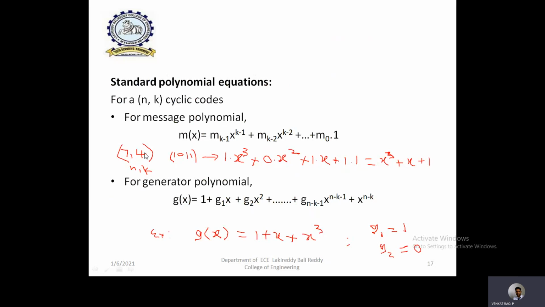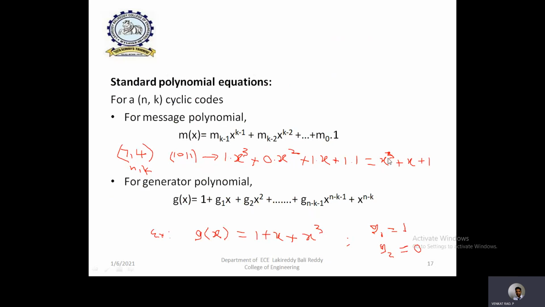So k minus 1 is equal to 3. So the maximum power starts from x cube, and these are nothing but the coefficients of these values. That means whatever values are there must be substituted here. So 1 into x cube, 0 into x square, 1 into x, 1 into 1. Finally, x cube plus x plus 1.